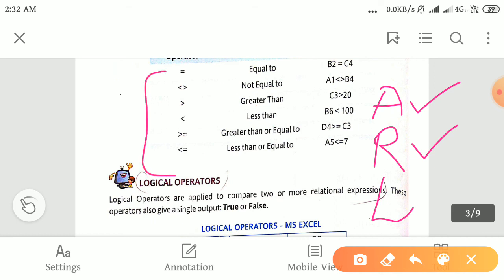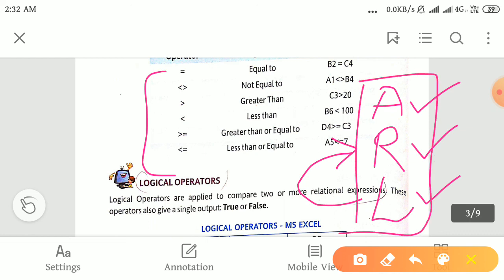All these are the relational operators. Now what are logical operators? They are also used for comparing values, but they compare relational values, right? And three logical operators we are having: and, or, and not, right? So this much about the operators you have to understand up till now.